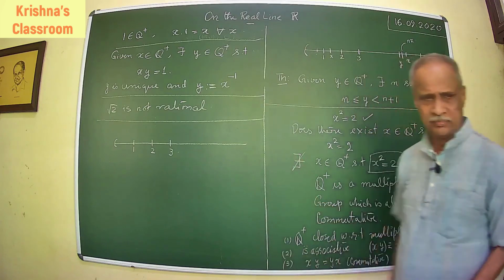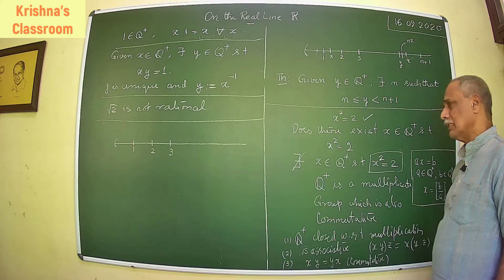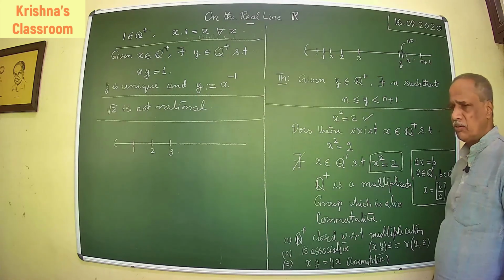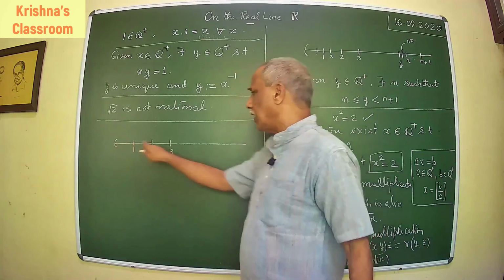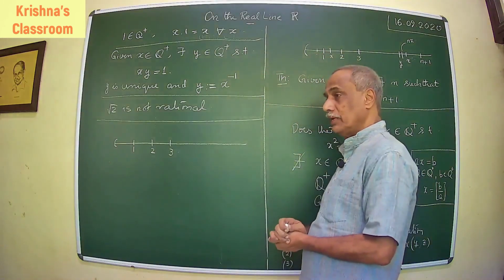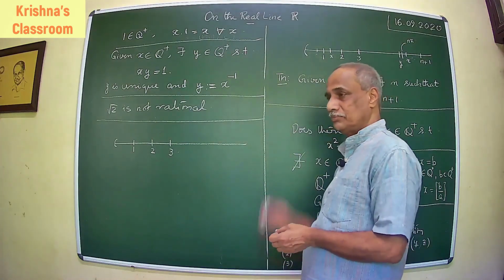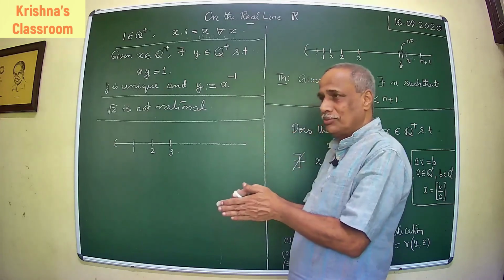But what it brings out is that there are plenty of points on this half line which do not correspond to any rational number. So how do you capture them also into our group?